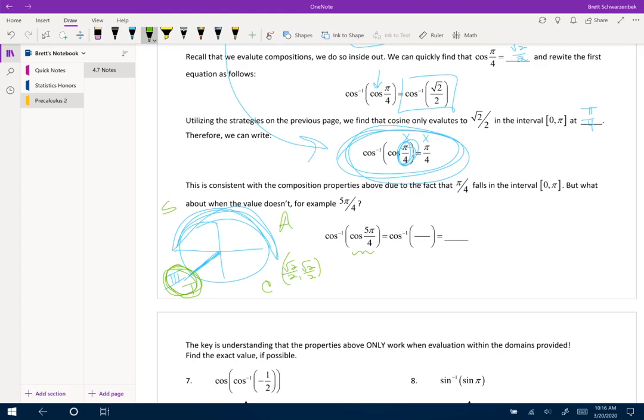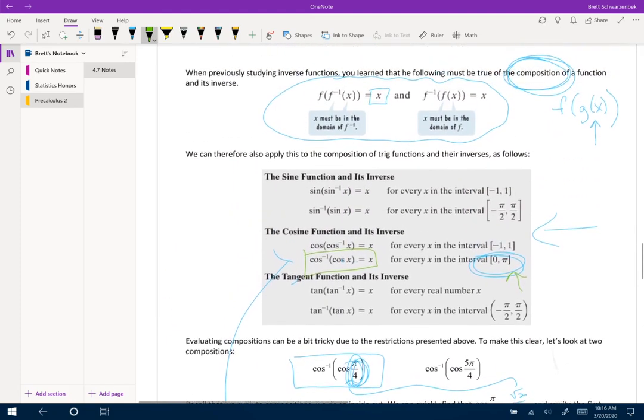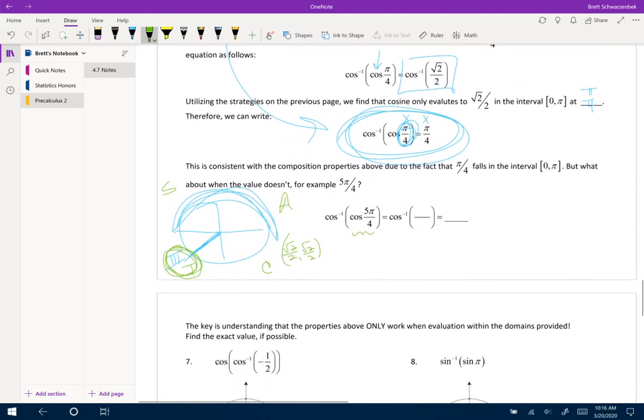Since cosine of theta is the x-coordinate, we take the negative version of root 2 over 2 as our result. So let's put that over here: negative root 2 over 2.